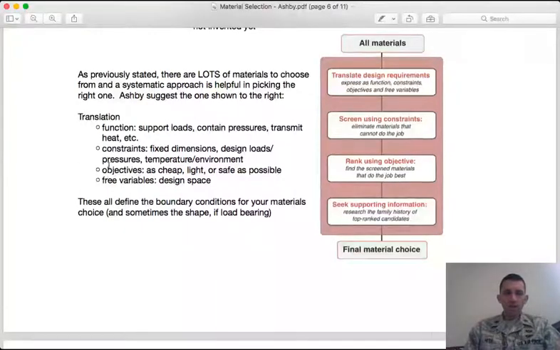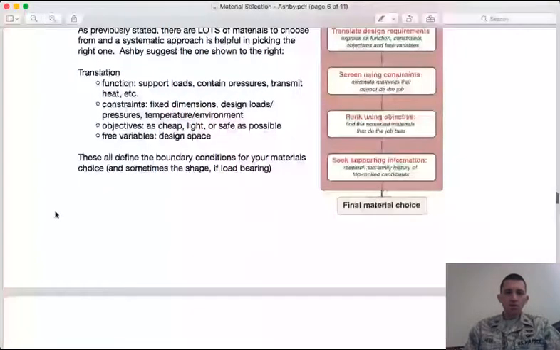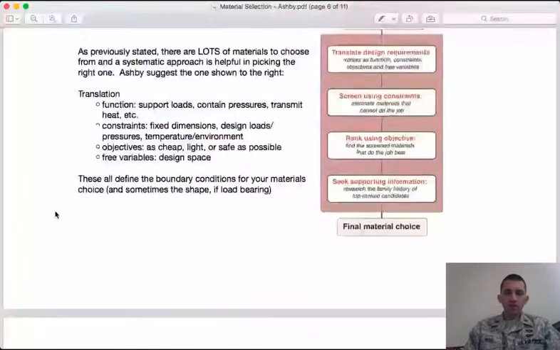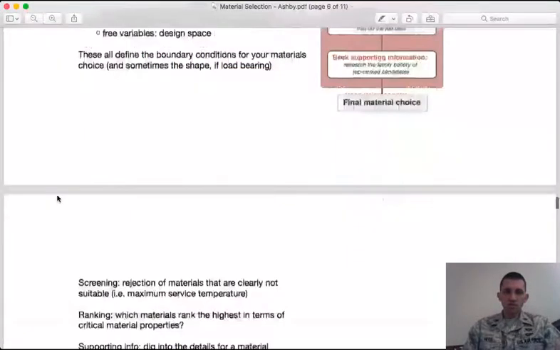Okay, and then in the pursuit of maximizing some objective, we have some free variables, right? And this is where we have the ability to make a choice and to design something. So all of these together help to define the boundary conditions, which enables us to scope our list of prospective materials and to reject large numbers of those 120,000 available materials relatively quickly.